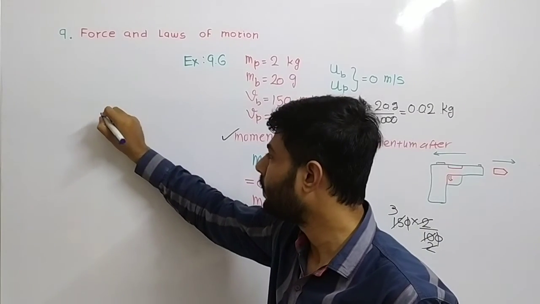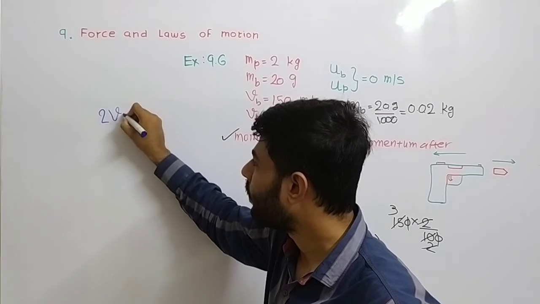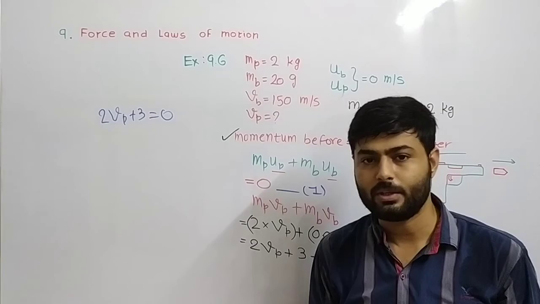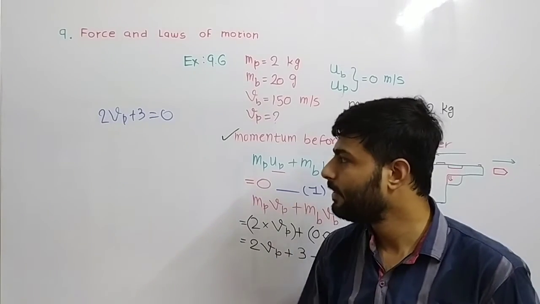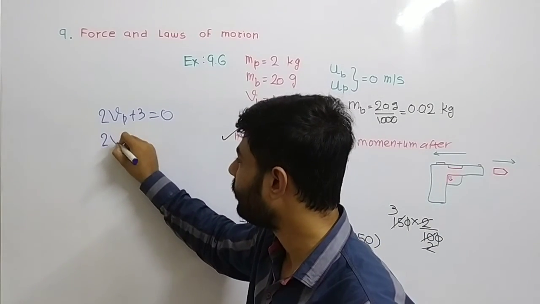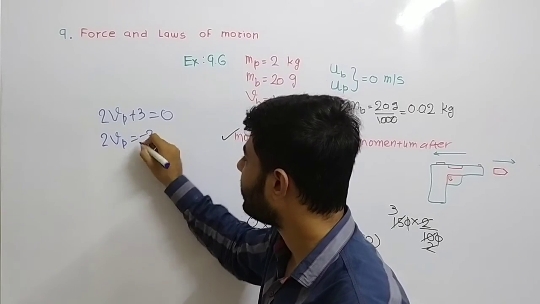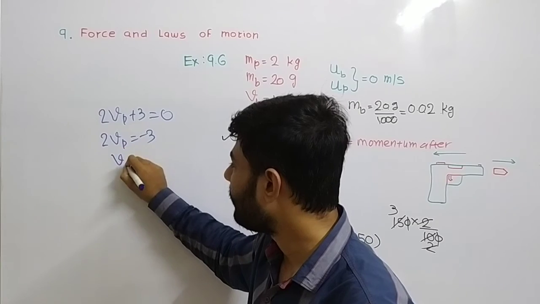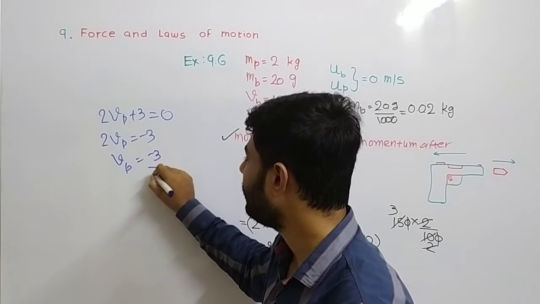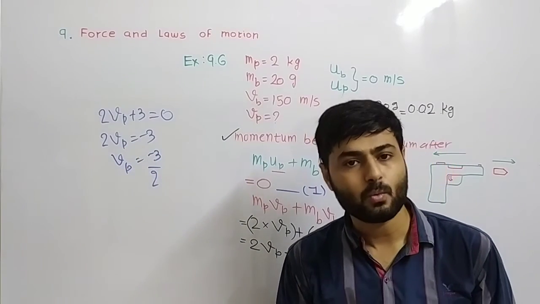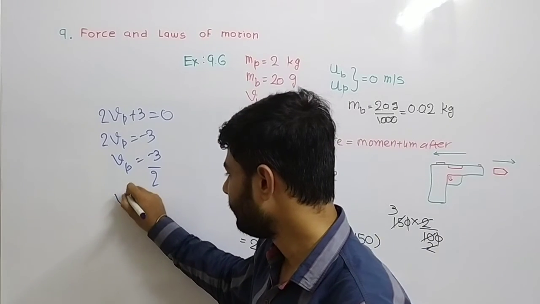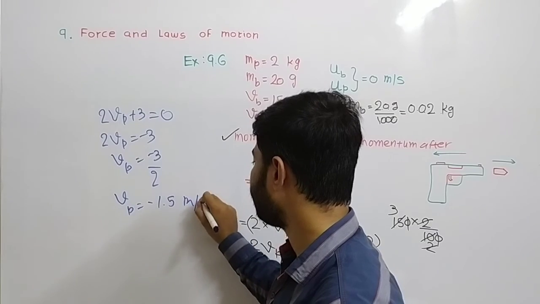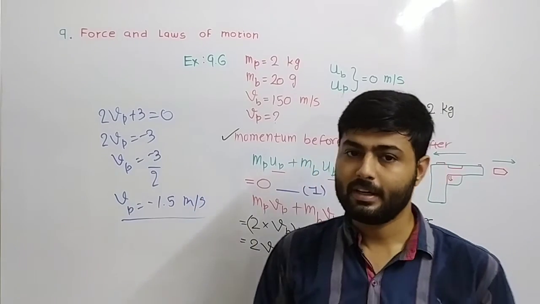That is 2 VP plus 3 is equal to 0. I have to find VP. So I can write 2 VP is equal to minus 3. So I have VP is equal to minus 3 by 2. So VP I have is minus 1.5 meter per second.